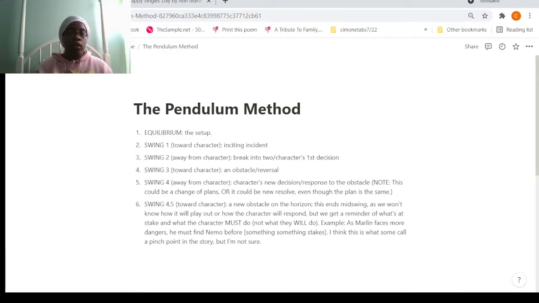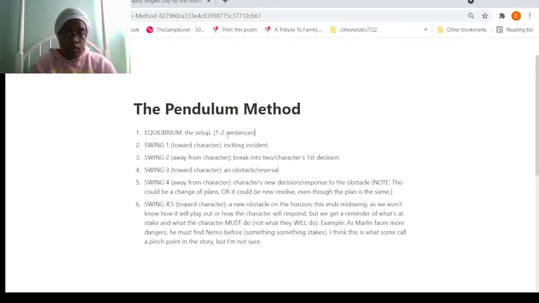So let's look at the pendulum method, which is on my screen, of course. So first you want to establish equilibrium. That means when your pendulum is not swinging. And this is the setup of the story. One thing I really want to note about the equilibrium is it should usually, in my opinion, be 1 to 2 sentences. So I'm actually going to put that here.